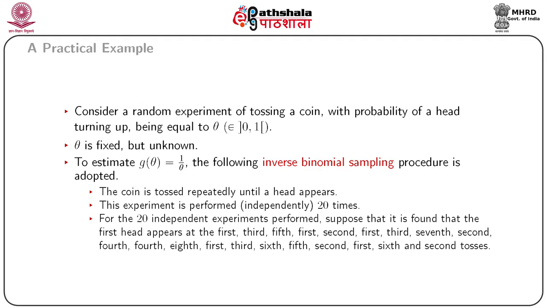From the outcomes of 20 trials, it is found that the first head appears in first, third, fifth, first, second, first, third, seventh, second, fourth, again fourth, eighth, first, third, sixth, fifth, second, first, sixth, and second toss.